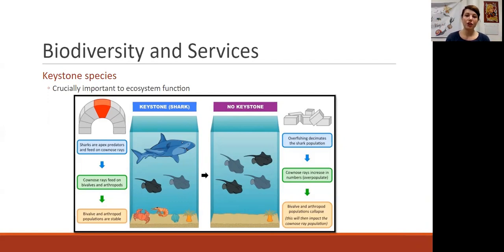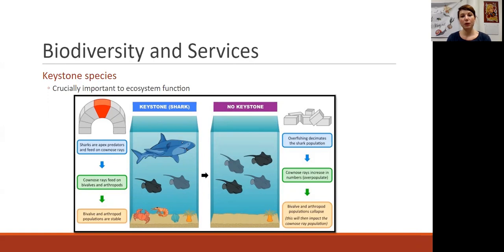So sharks actually eat rays, and rays are going to eat a variety of invertebrates, particularly things like oysters. This is a very real example in the Chesapeake Bay area, which is close to where I was before I moved here.